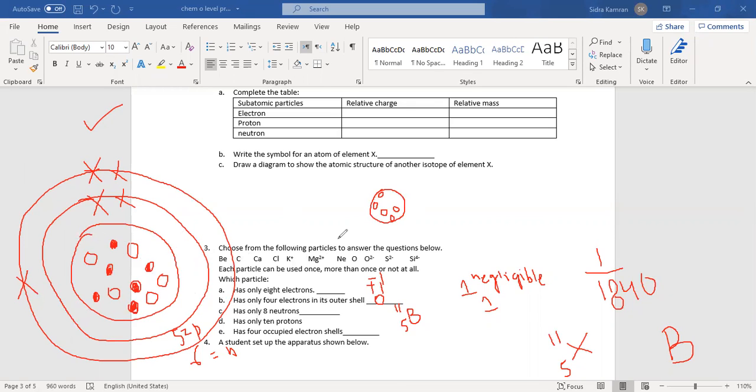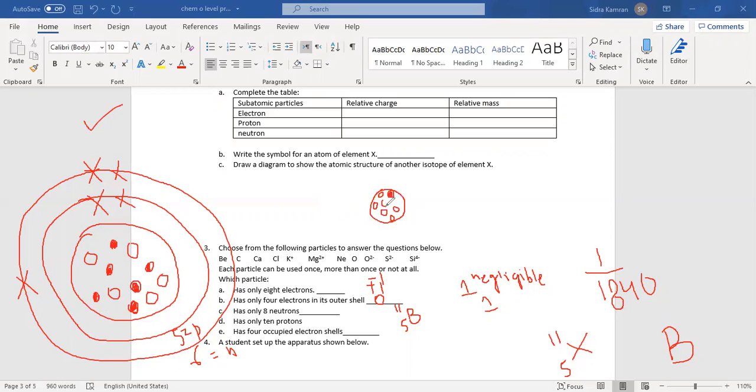But just we have to change the number of neutrons. When we change the number of neutrons, then the total mass number will change. So here you can see 1, 2, 3, 4, 5, 6 neutrons. You have to add 1 neutron, then atomic mass will change.